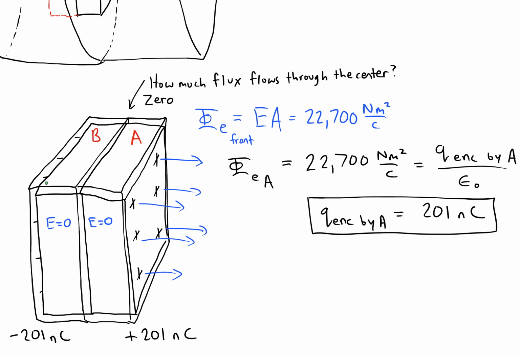So the beauty of these Gaussian surfaces here is that we will have no flux on the top, no flux on the side, and no flux between them either.